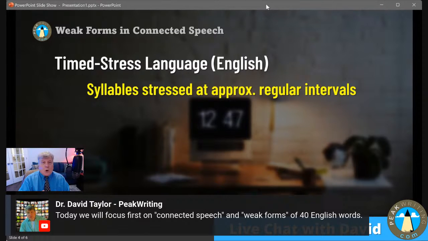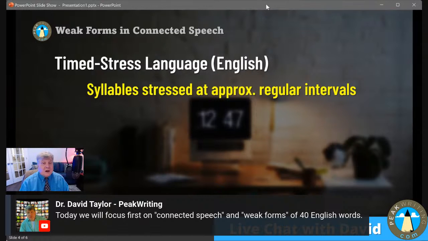So, what comes in between those intervals? Unstressed syllables come in between those intervals, so that in English, you have a kind of rhythm. Ba-bum, ba-bum, ba-bum. Stressed, unstressed. Stressed, unstressed.